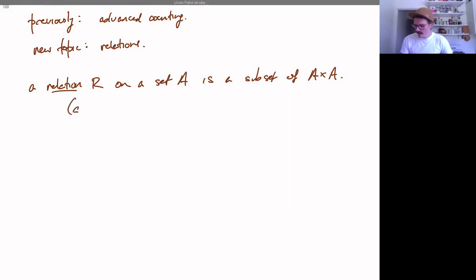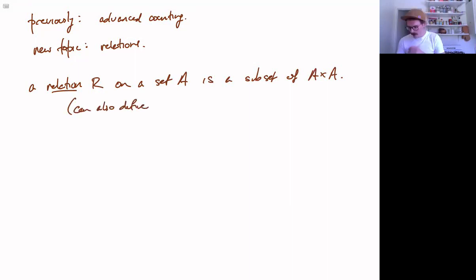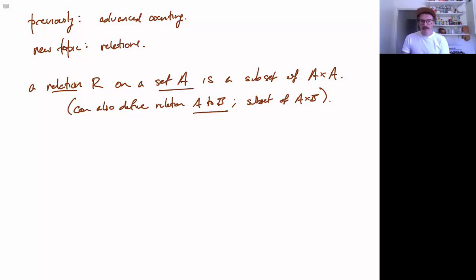And let me just say as an aside, you can also define a relation from A to another set B, which is a subset of A cross B. But we will not talk about this because almost always you are worried about relations on a set, or from a set to itself, you could say.